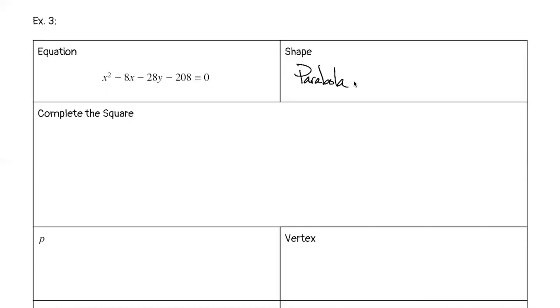So now let's talk about what completing the square looks like for a parabola. We're going to take our x's and we're going to group them. Okay, so that part is the same. However, we're going to move everything else to the other side, including the y. So that will give us x squared minus 8x equals 28y plus 208.